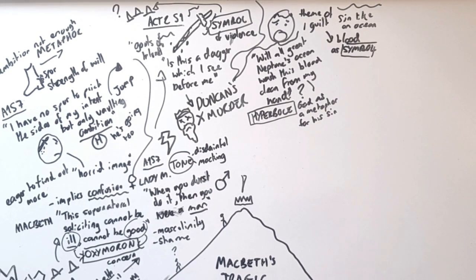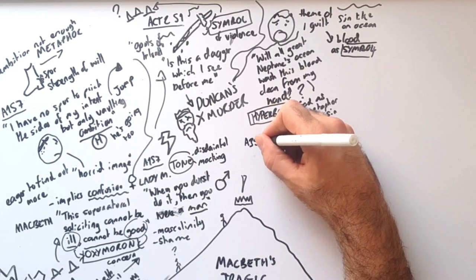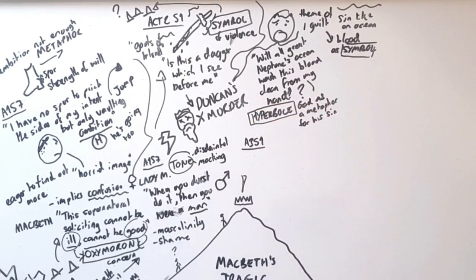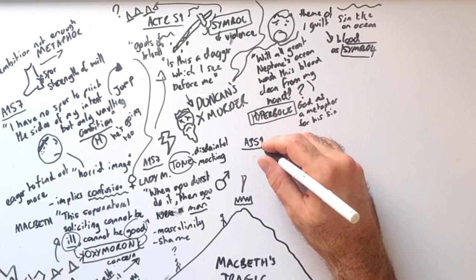So, of course, Act 3, Scene 1, Macbeth starts to question Banquo's place or loyalty, even the witches' prophecies over Banquo.